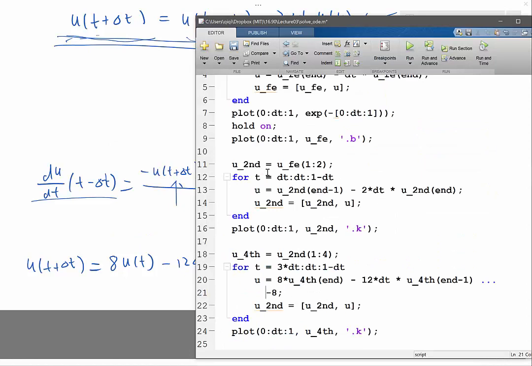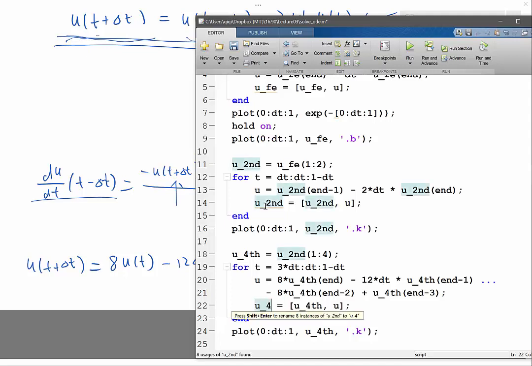Minus 8 times u fourth at n minus 2. Does everybody follow me on this? Okay. And plus 1, right? U of fourth order at n minus 3. Okay, any bug do I have? Pardon? Oh, you're saying, yeah, the second. Yeah, okay. So that's it, right?